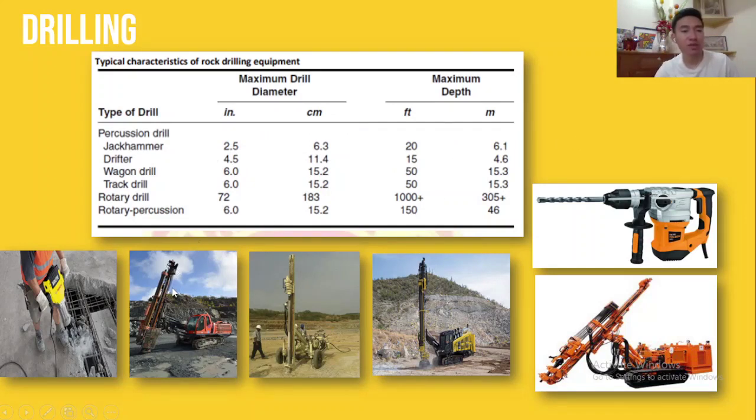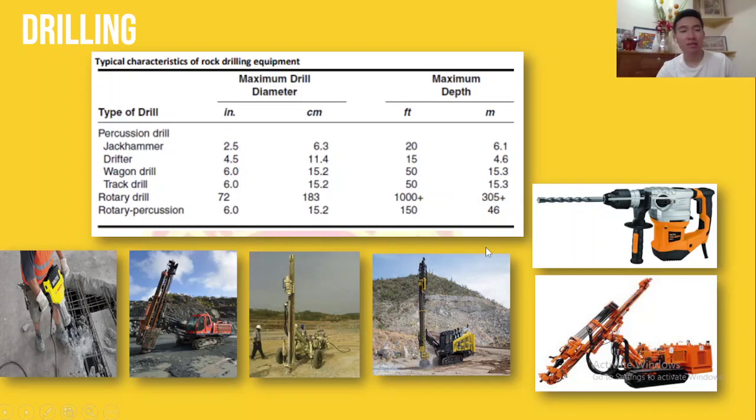The drifter has a maximum drill diameter of 4.5 inch or 11.4 centimeter and a maximum depth of 15 feet or 4.6 meter. For the wagon drill, we have 6 inch or 15.2 centimeter for maximum drill diameter and a maximum depth of 50 feet, or 15.3 meter, which is quite large. For the track drill, we have 6 inch or 15.2, same as the wagon drill in maximum drill diameter, and for maximum depth also the same as the wagon drill, about 50 feet or 15.3 meter.